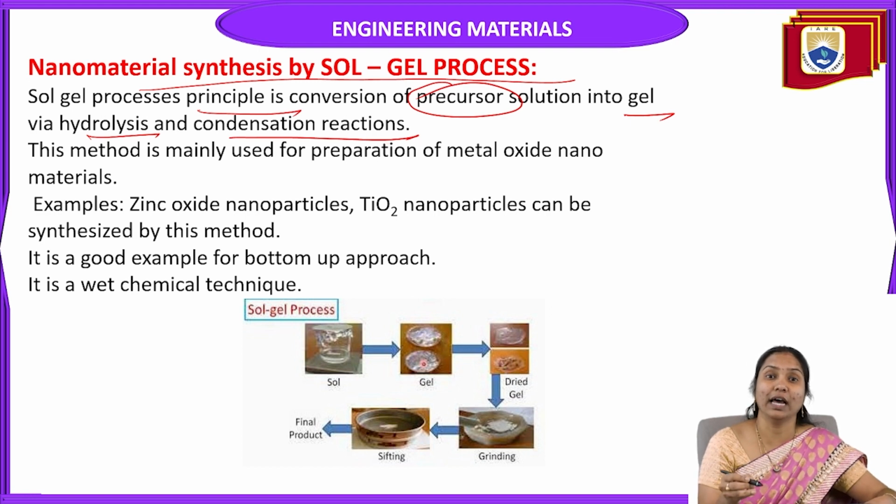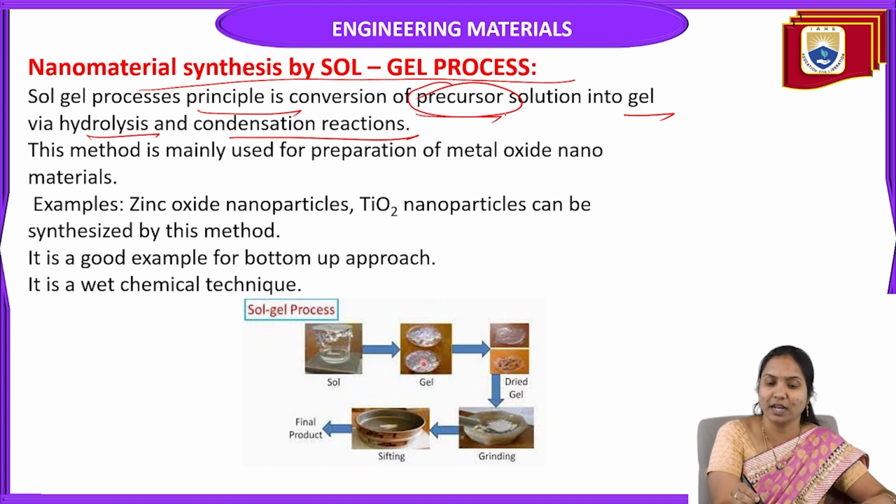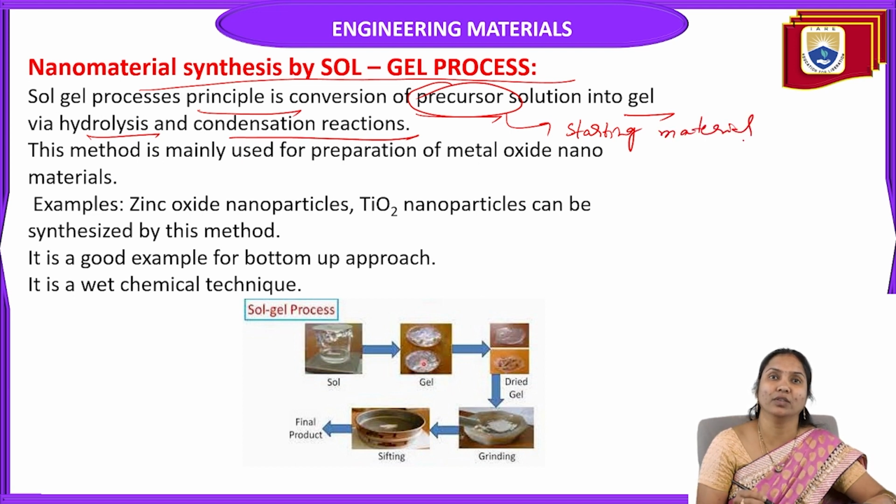So first of all, nanomaterial synthesis by the sol-gel process. The main principle involved in this sol-gel method is the conversion of precursor. Precursor means starting material. So the conversion of precursor solution into gel via hydrolysis and condensation reactions.